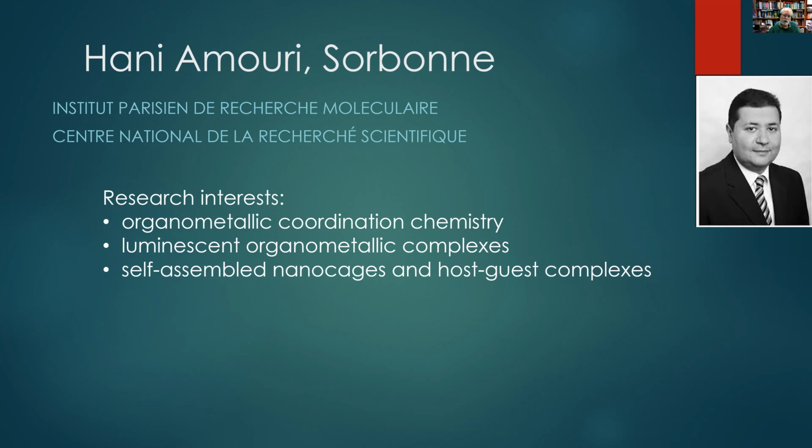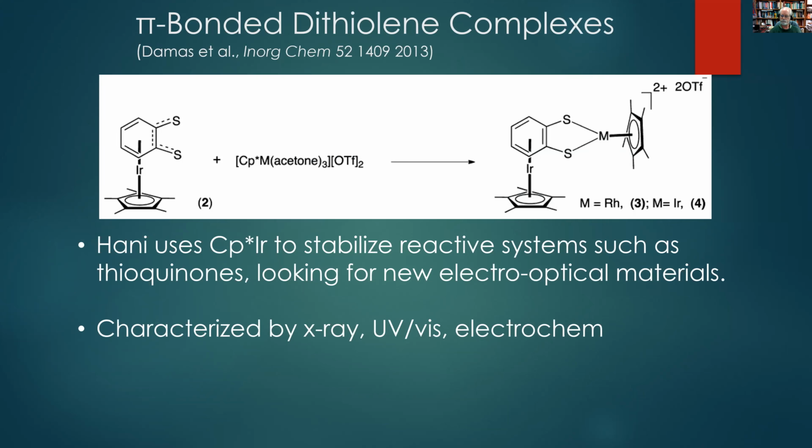Sometimes he's making cages and trying to see what their properties are with respect to trapping and transporting other compounds. So we'll take a look at a couple of examples that touch on each of those cases, beginning with this molecule called a dithiolene.